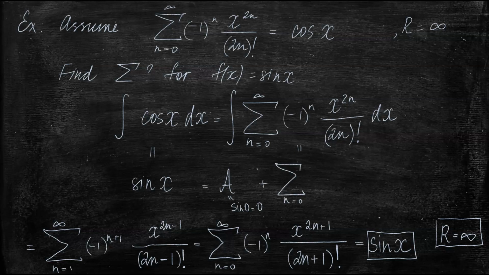So n is going from 0 to infinity, and here I'm just going to do exactly that, right? So we're adding 1 to the power, and we're dividing by that number right over here.